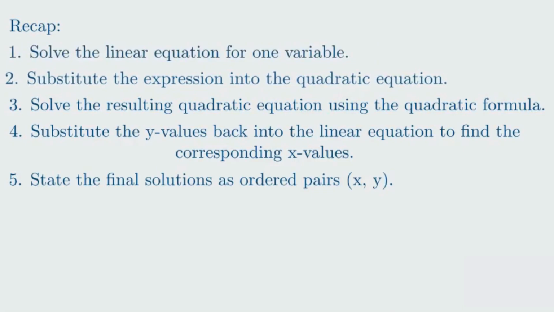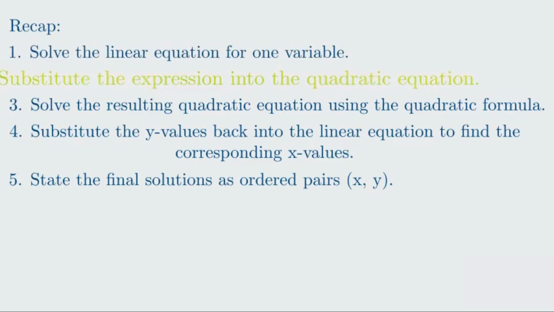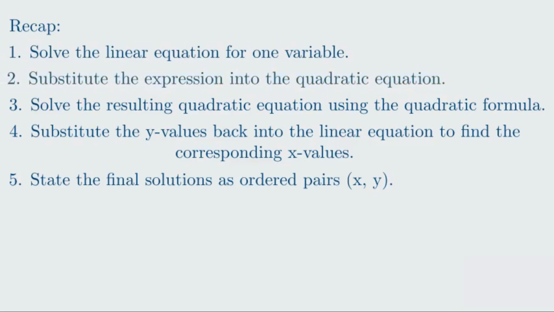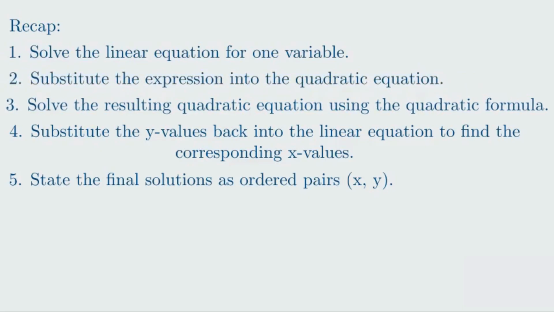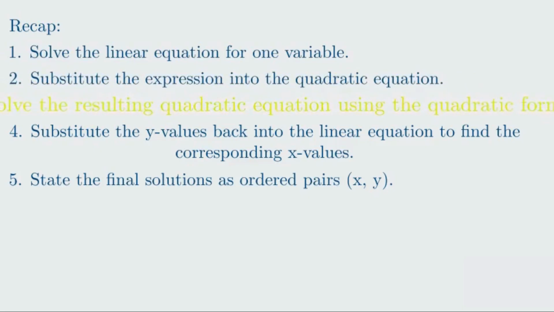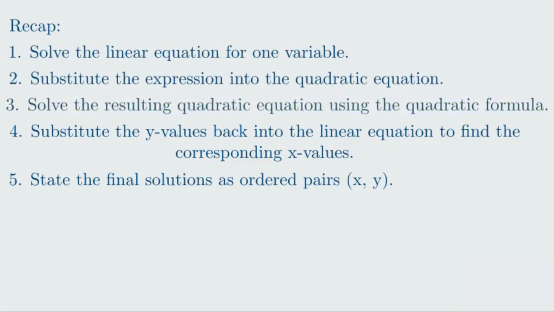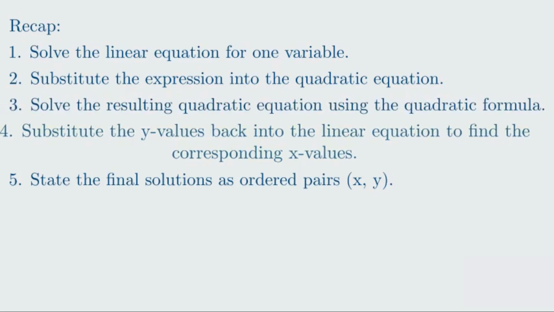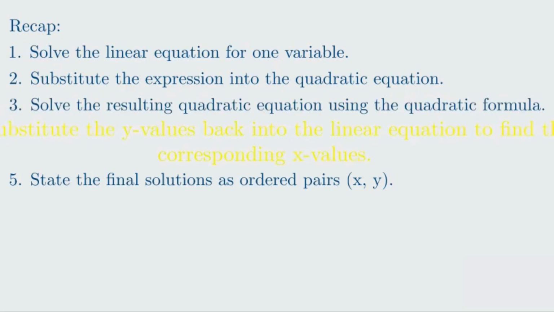This created a new quadratic equation in only one variable, y. Third, because it wasn't easily factorable, we used the reliable quadratic formula to solve for y. This gave us our two y values. Fourth, we plugged those y values back into the simple linear equation to find their matching x values. Finally, we presented our two solution pairs as ordered pairs.